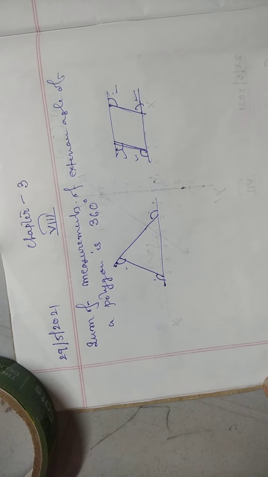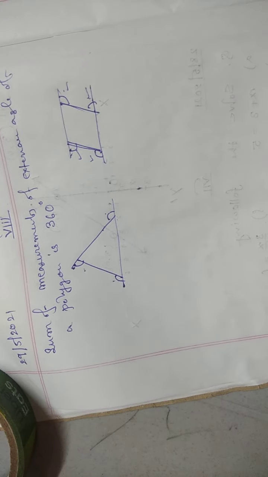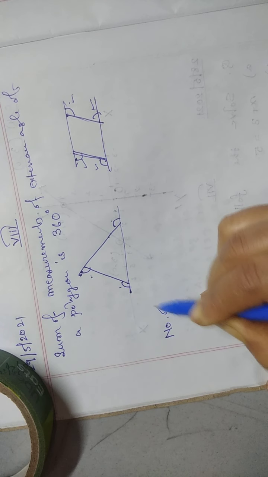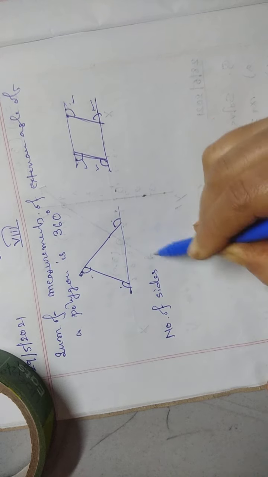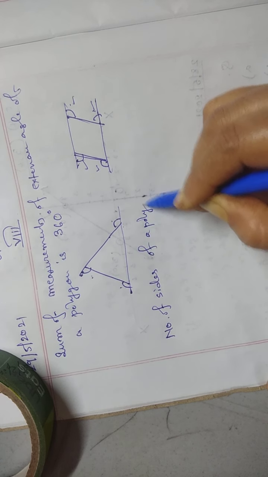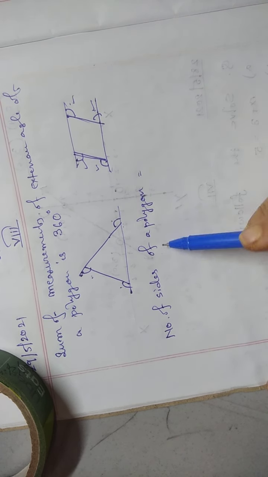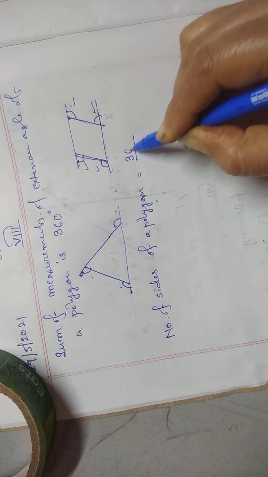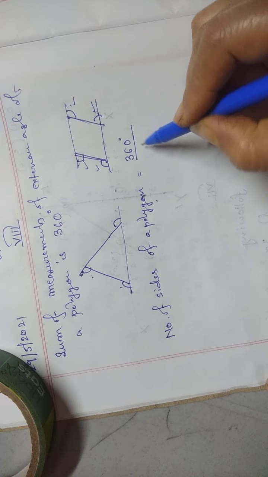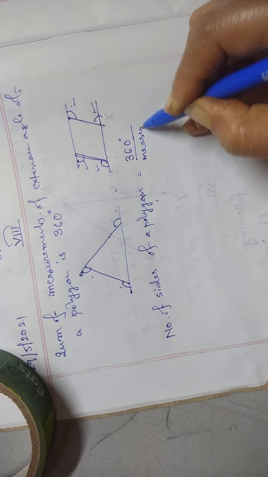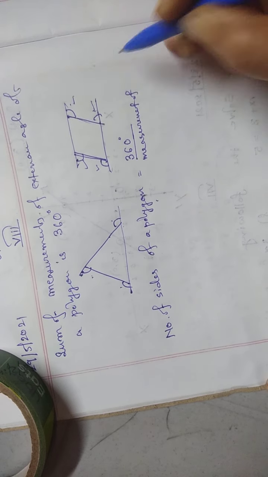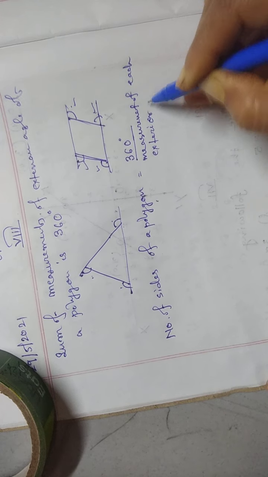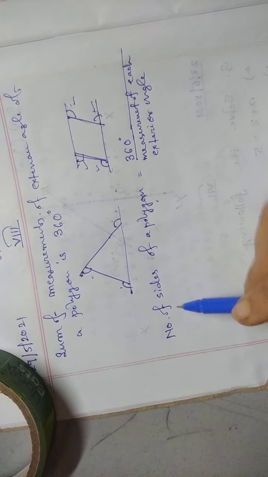Okay, so from there we can find another two formulas. The number of sides of a polygon: if you have to find the number of sides of a polygon, how can you find it? 360 degrees divided by the measurement of each exterior angle.